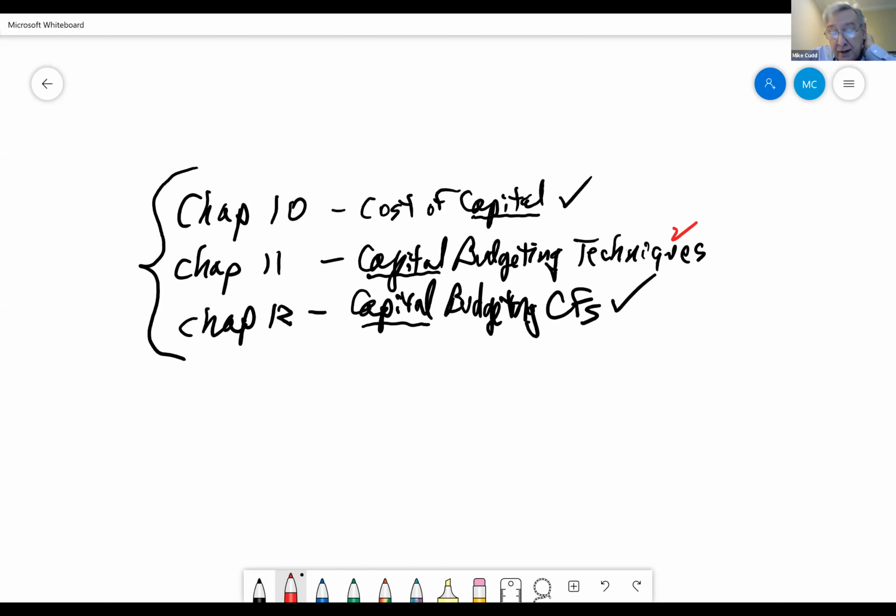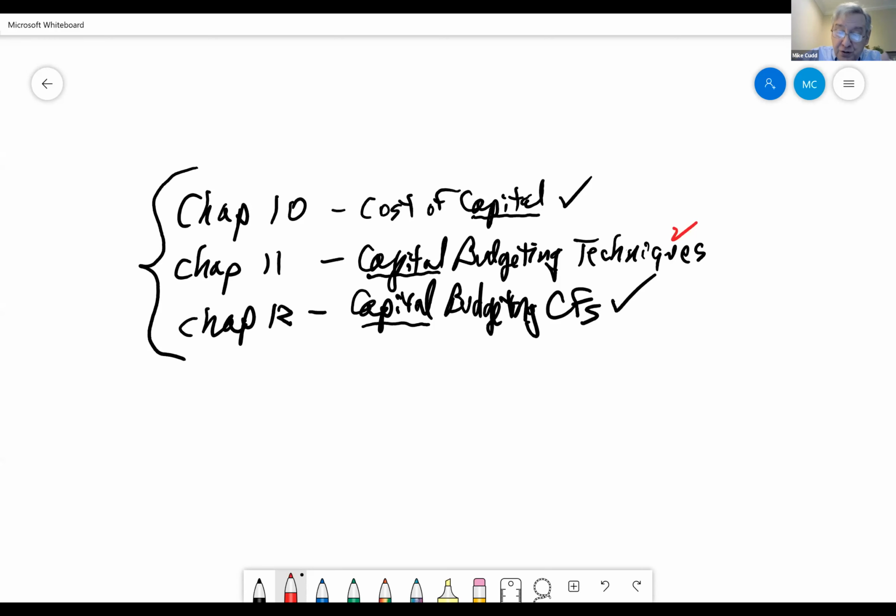But the bottom line is we combine what we learn in these three chapters together to simply get a thumbs up or a thumbs down on a big project idea. Obviously, Nissan went through this and ended up with a thumbs up because they went ahead and built the plant.